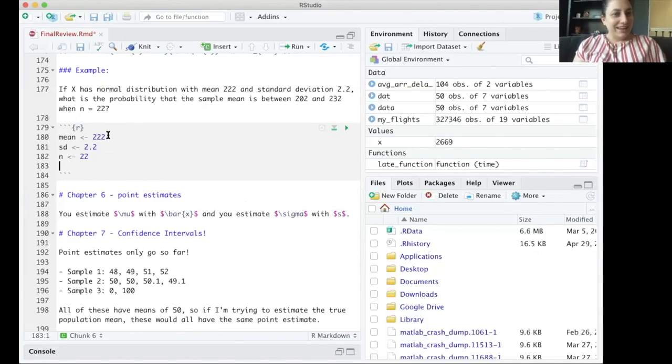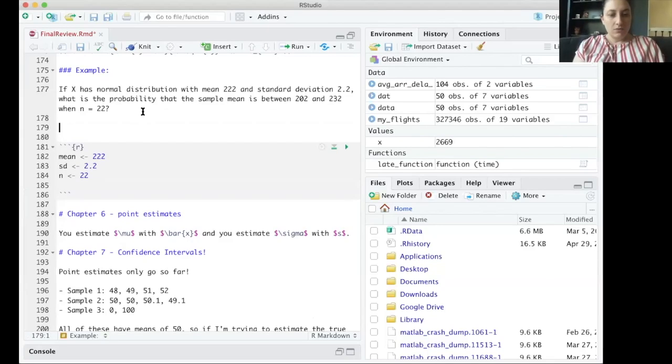All right, and so we have all these guys, and we want to know what the probability is that the sample mean, our x bar, for a random sample of size 22, is between 202 and 232. Right? So what do we know?